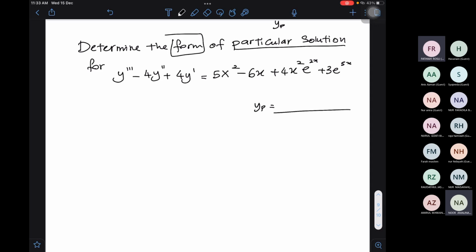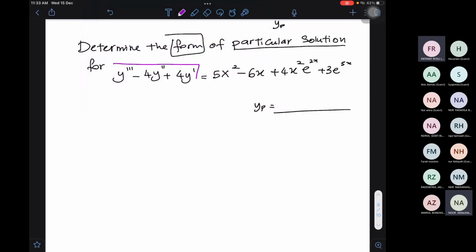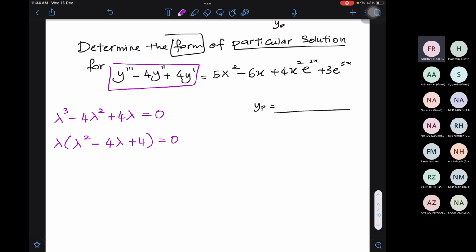Okay. So kita tengok dekat dia punya nak cari YC dulu. So YC kita ambil this one. Okay, this one. So lambda kuasa 3 tolak 4 lambda kuasa 2 tambah 4 lambda equal to 0. Okay, so from here, you boleh faktor keluar lambda, you will get dalam kurungan lambda square minus 4 lambda plus 4 equal to 0.